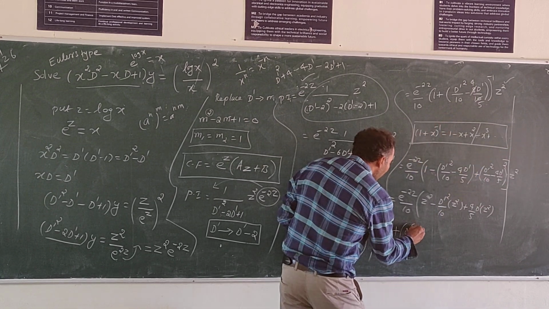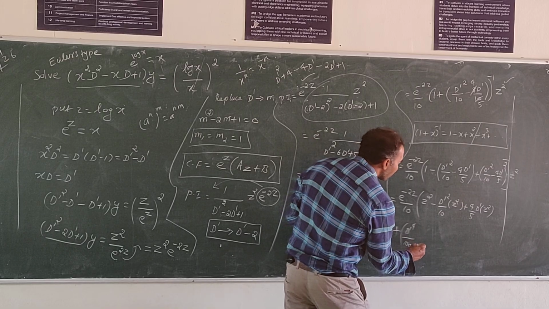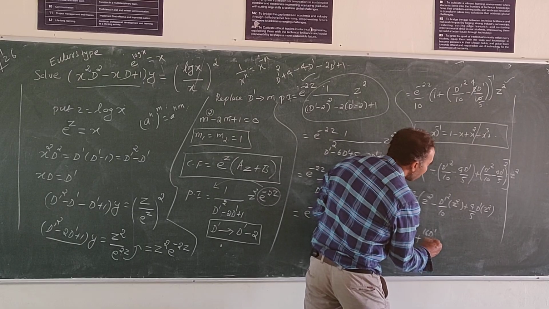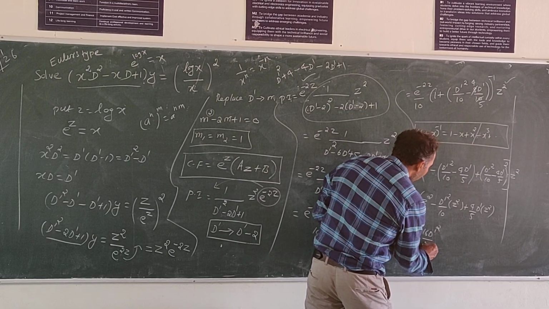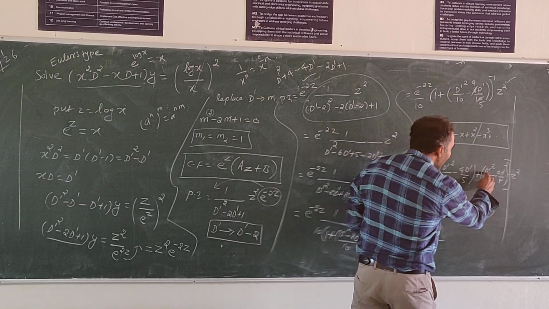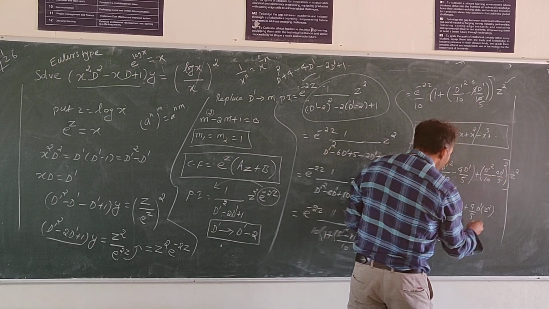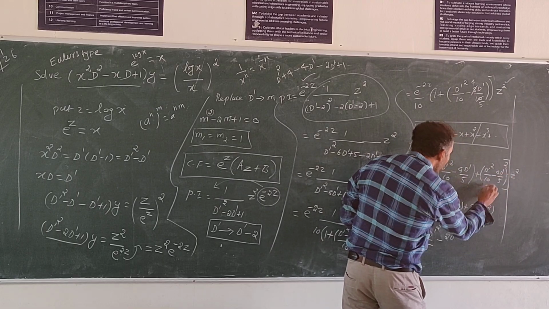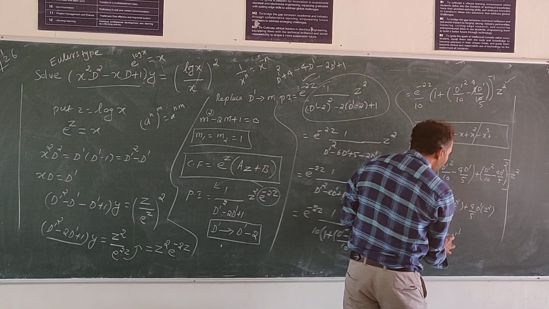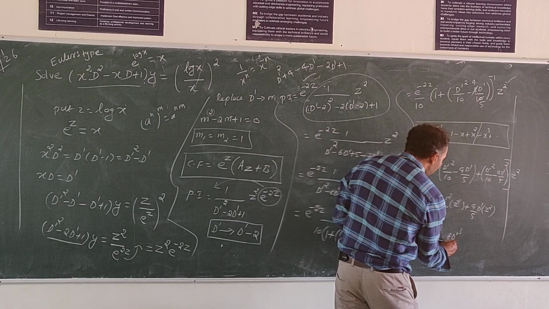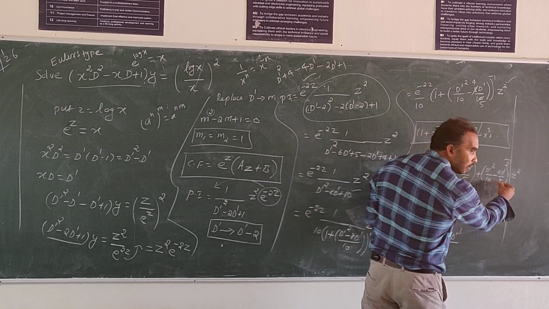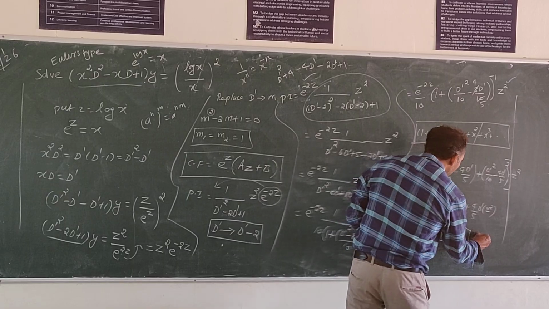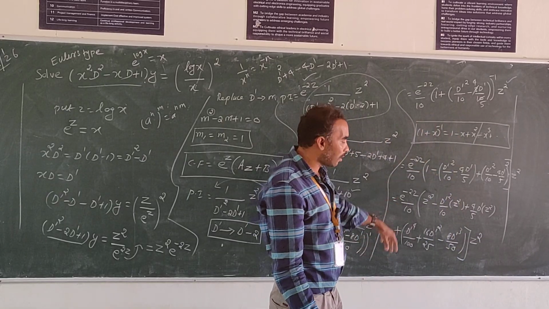So d dash power 4 divided by 100 plus 16 d dash square divided by 25 minus 2ab. So 2 into d dash square into d dash cube, 4 into 2, 8 divided by 10 into 5, 50, into z square. Okay, just to complete it.